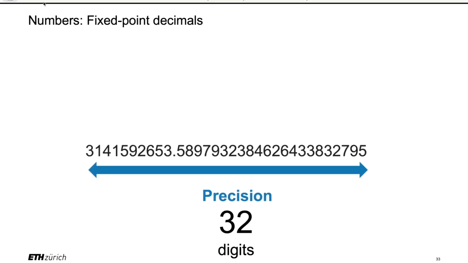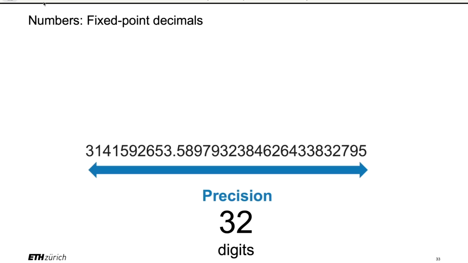So that's the first thing you define, a maximum precision. It means that any digit beyond that would be lost. You wouldn't store them. 32 is just an example. You can pick whatever value you want, right? So that's the precision, the total number of digits. And then the second thing is that we say where we put the decimal point, right?